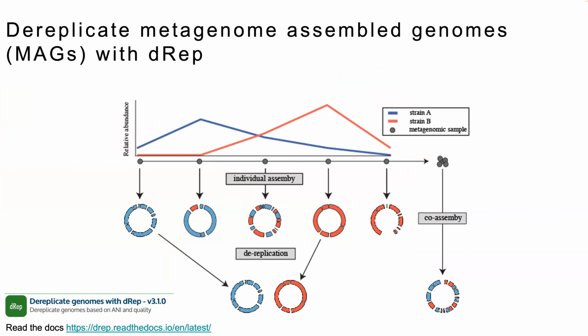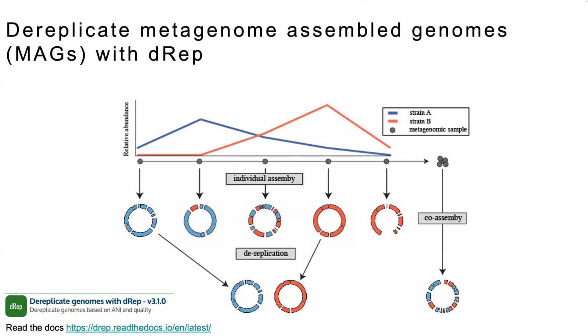And so you now have this collection of genomes among all of you. If we're talking about multiple samples, you may have assembled the blue genome in both samples and the red genome in both samples, but you would have sampled them differently in each sample.